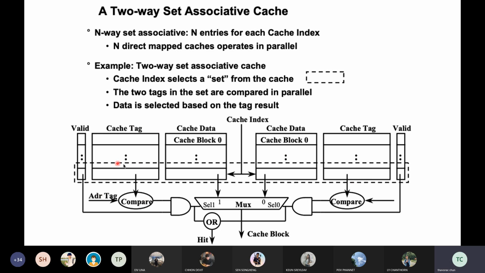So it is similar to the direct map cache, but it takes advantage of associative memory. When we are using the set associative cache, we do the associative search first to find the set that you want, and after that you apply the direct map concept inside that set to find your selected data.